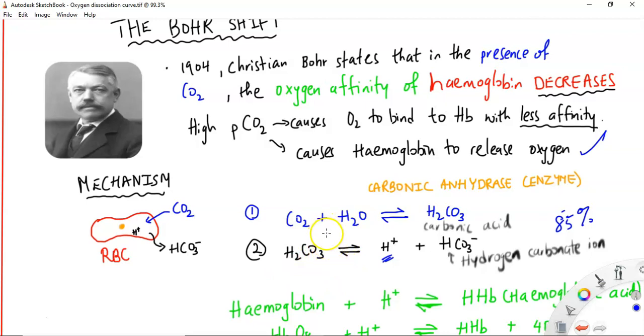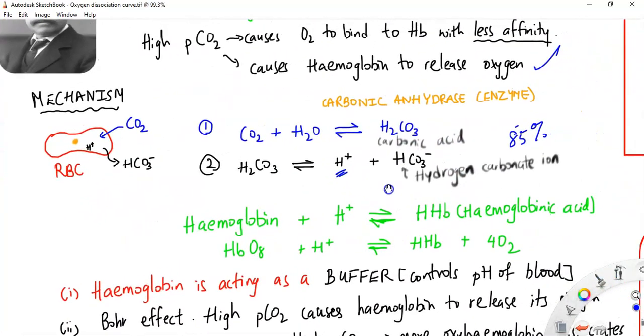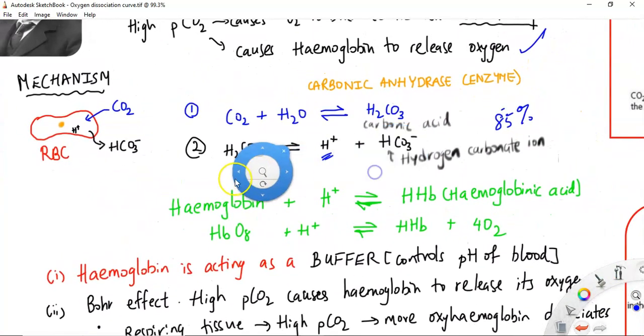Nature has already thought about this, and what will happen is the H plus will combine with hemoglobin. The hemoglobin molecule combines with that H plus to give us hemoglobinic acid.